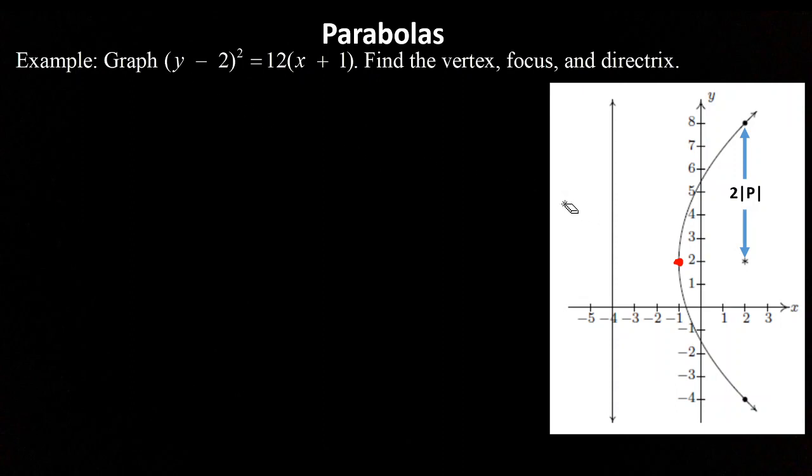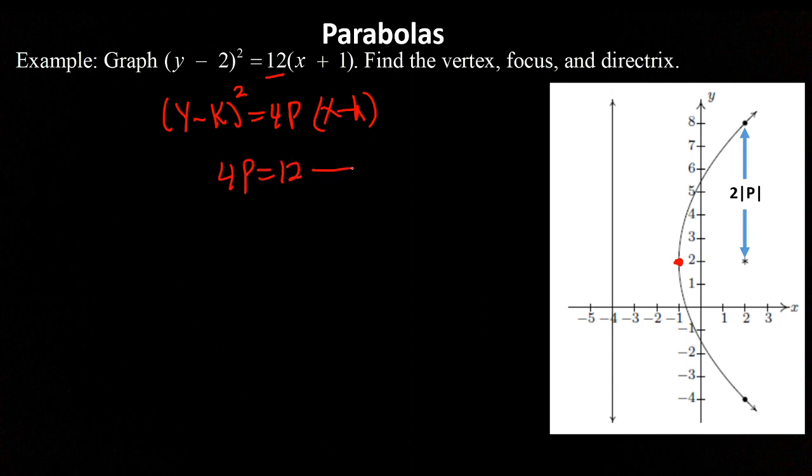And now, does it open to the right or to the left? Well, what is p? Let's see. Compare it to 4p and then x minus h, right? So h here is -1 and k is 2, so we got the vertex. So 4p is equal to 12.